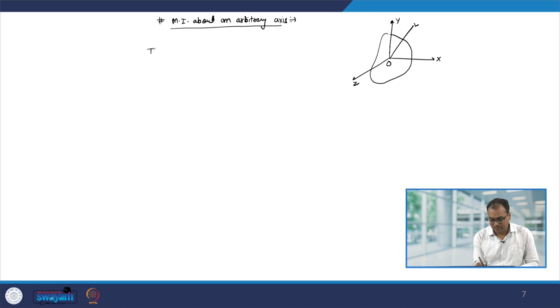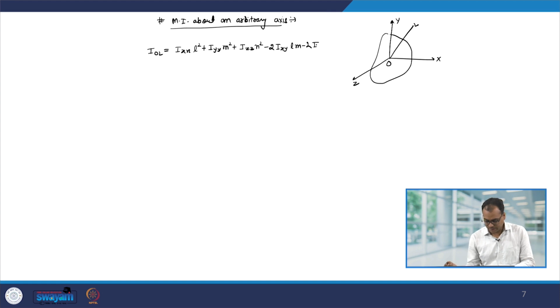Then we saw that IOL was Ixx L square plus Iyy m square plus Izz n square minus 2 Ixy L m minus 2 Iyz m n minus 2 Izx L n.